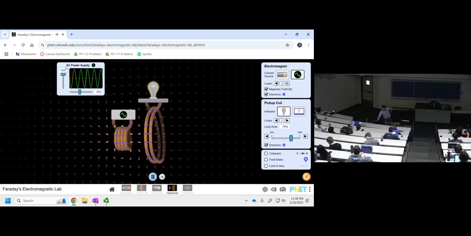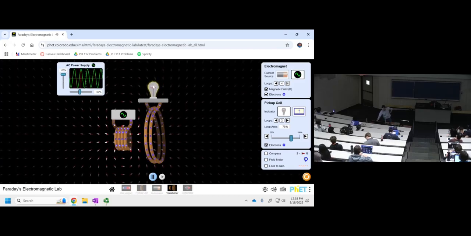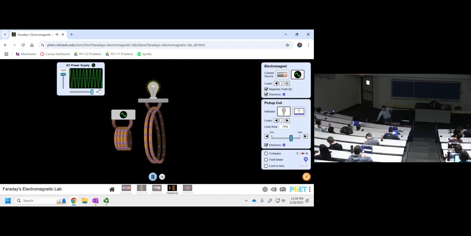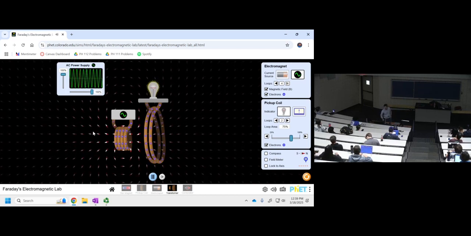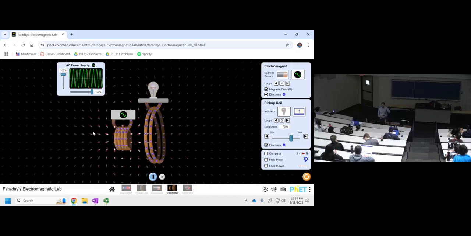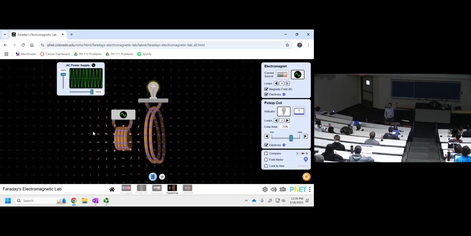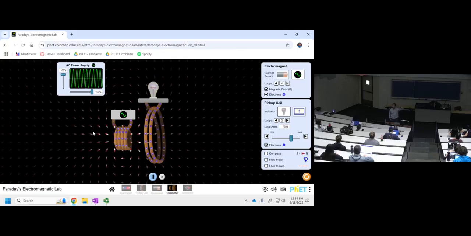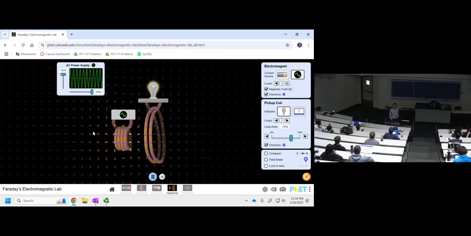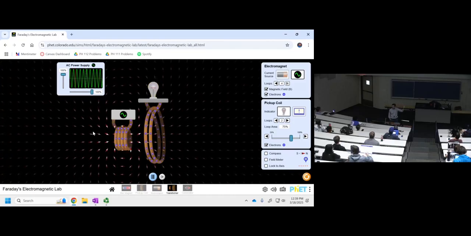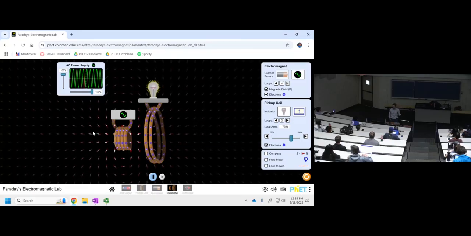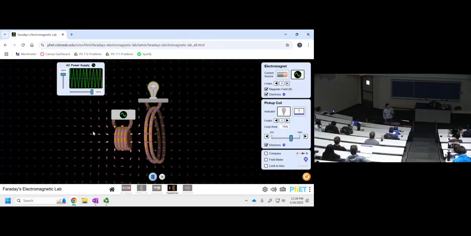You can increase the field strength and the light's going to shine brighter, or you can make the change happen very quickly. And now you see exactly what happens if you put a slow motion or a high frame rate camera in this classroom: the lights in this classroom are actually going to flicker on and off at 60 hertz, 60 times a second, because the AC power that we use functions at 60 hertz.